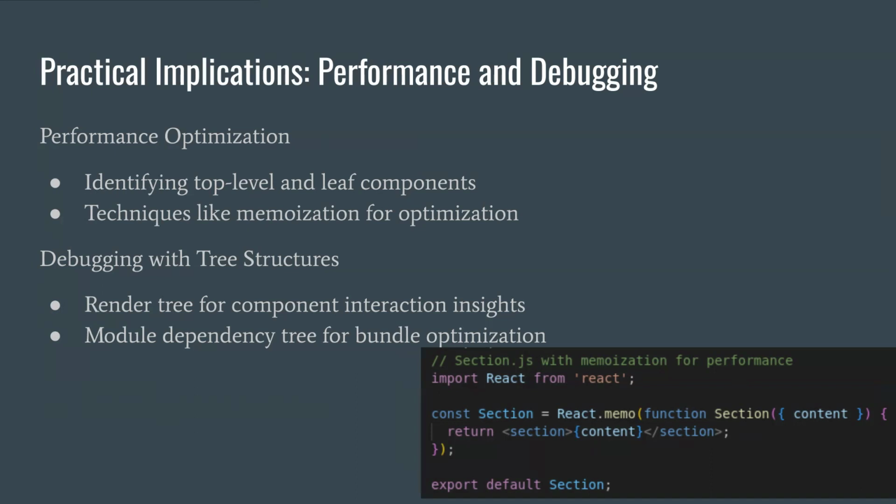Similarly, leaf components which have no children might be re-rendered frequently, offering opportunities for optimization using techniques like memoization. Moreover, understanding the module dependency tree helps in optimizing the app's bundle size, ensuring faster load time and a better user experience.